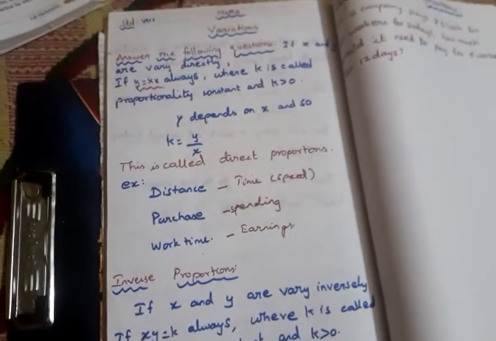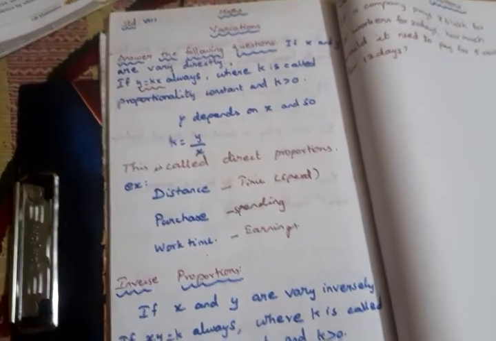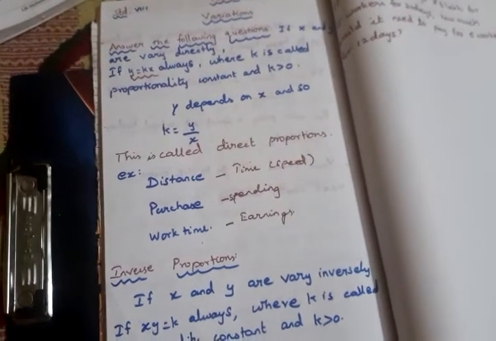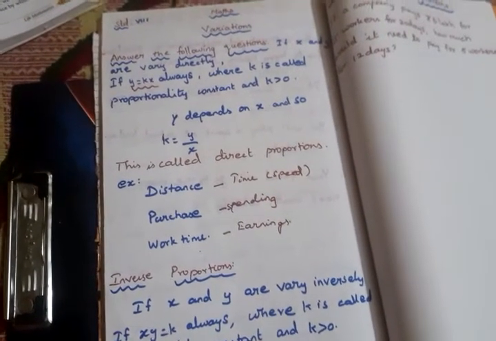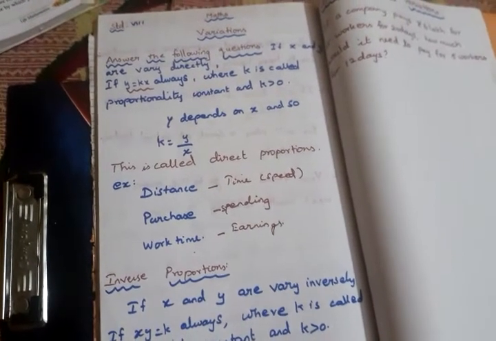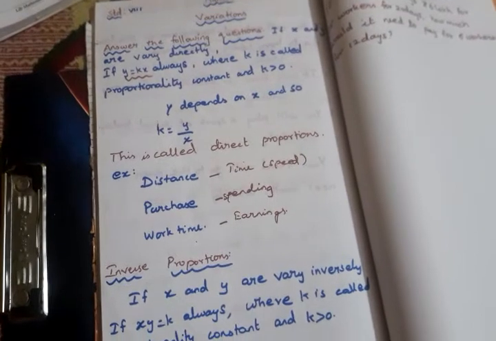So direct proportion examples: distance, purchase and work time. Distance means time or speed. If the speed increases, the time also increases. Purchase means spending.